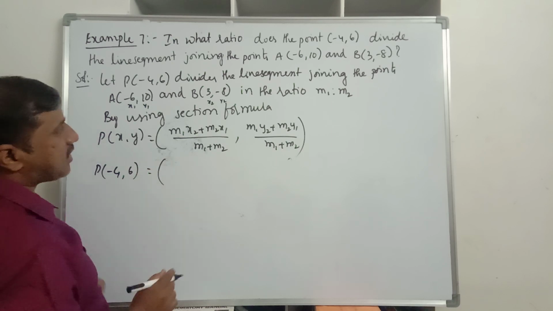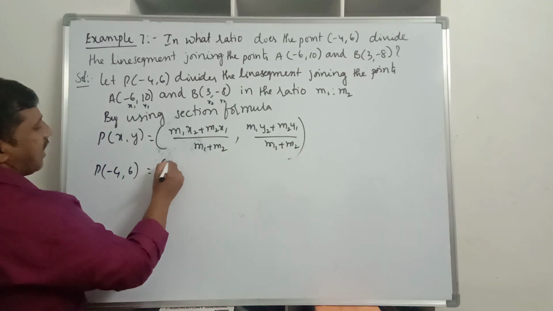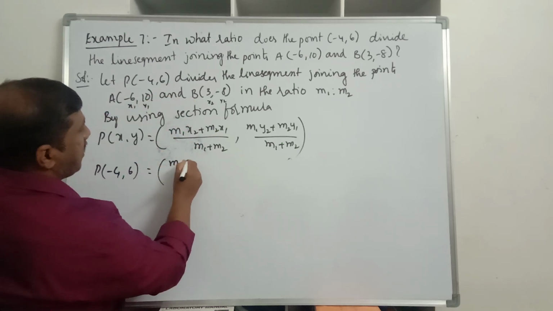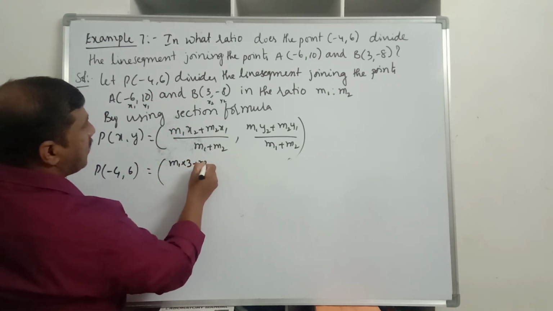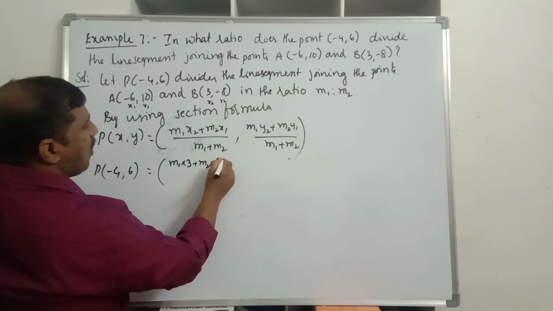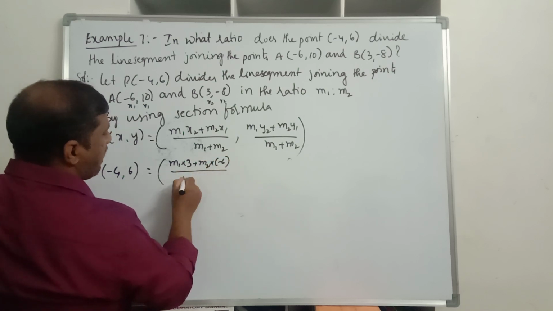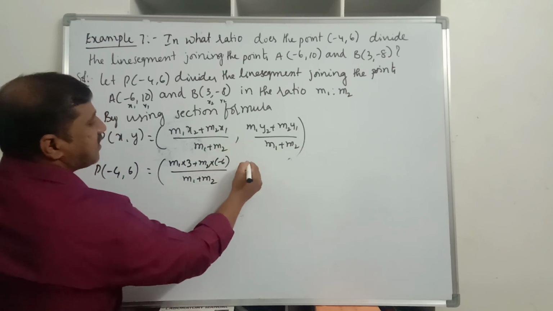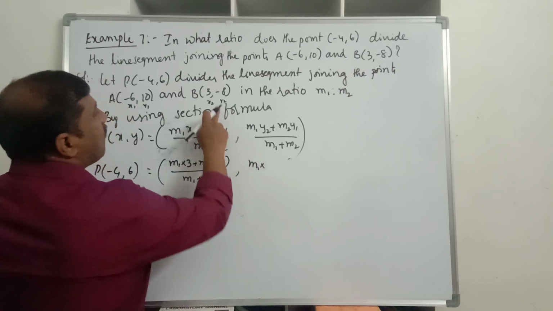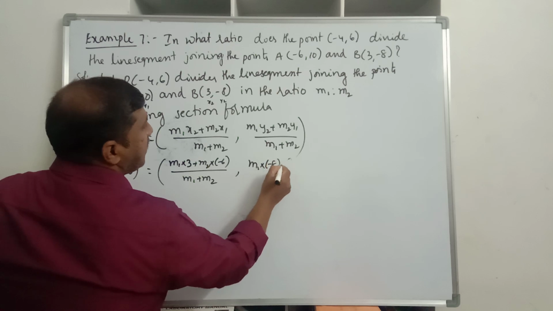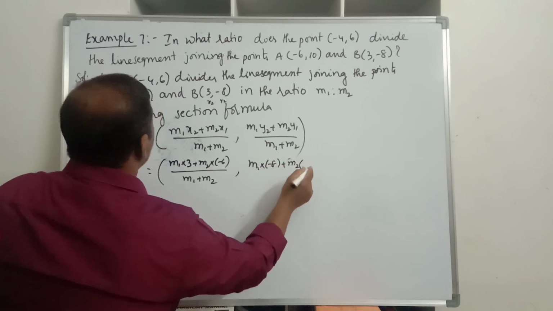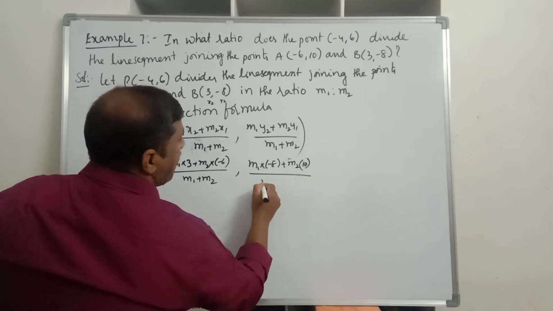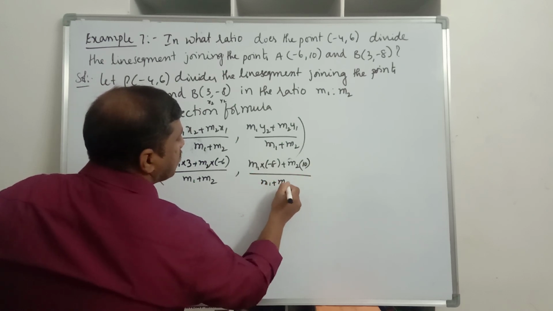Substitute the values which are given. m1 into x2 is 3 plus m2 into x1 is -6 divided by m1 plus m2, m1 into y2 is -8 plus m2 into y1 is 10 divided by m1 plus m2.